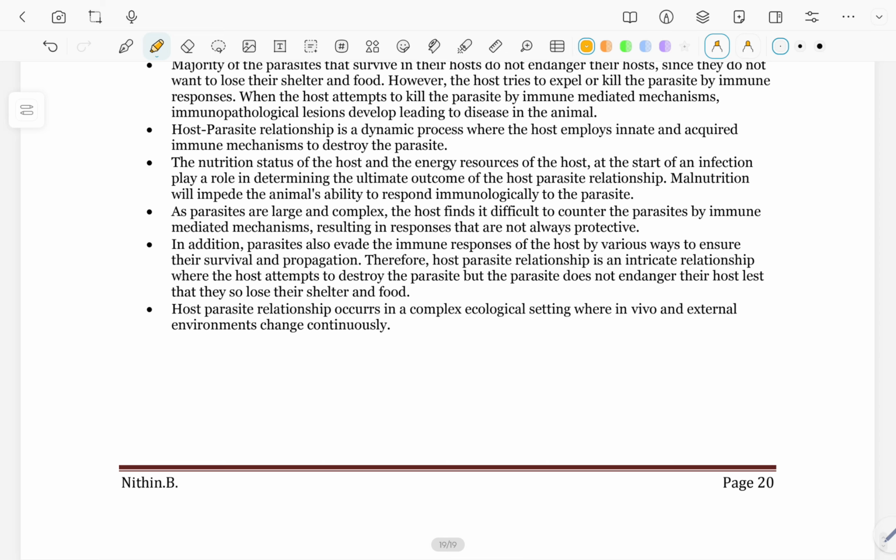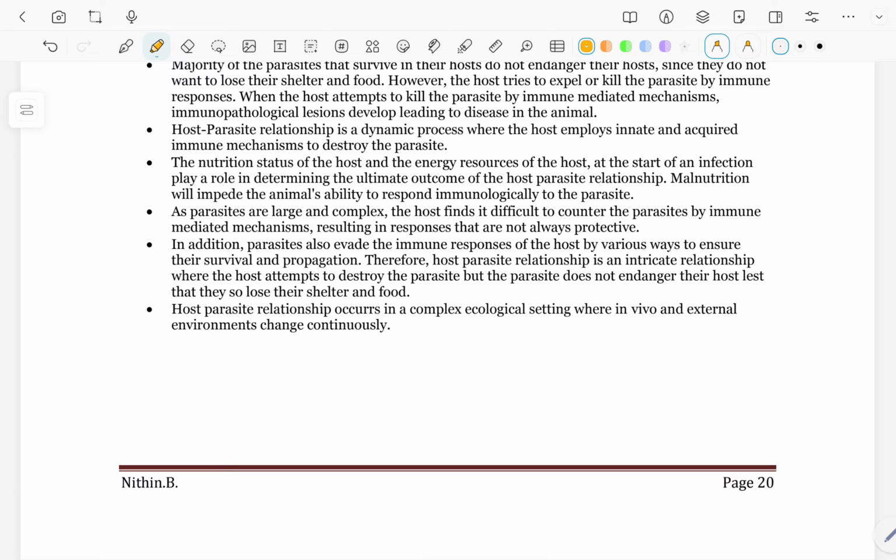Malnutrition will impede the animal's ability to respond immunologically to the parasite. As parasites are large and complex, the host finds it difficult to counter the parasite by immune-mediated mechanisms, resulting in responses that are not always protective. In addition, parasites also evade the immune response of the host in various ways to ensure their survival and propagation.